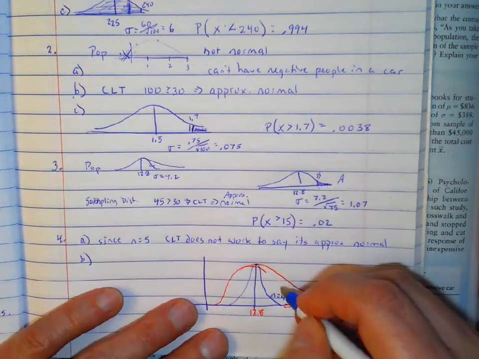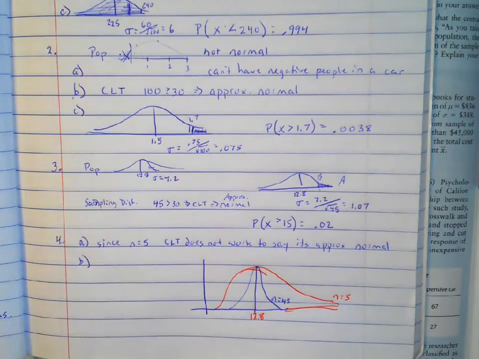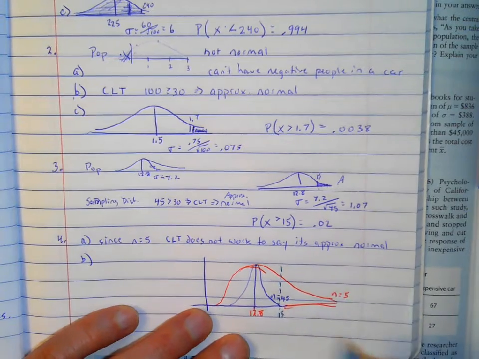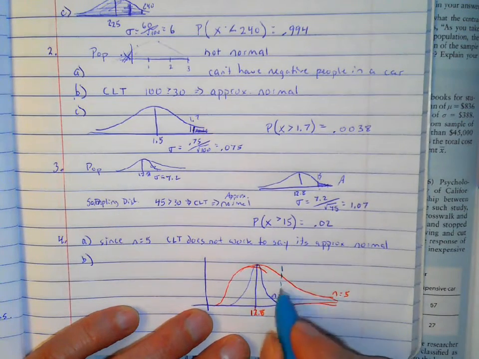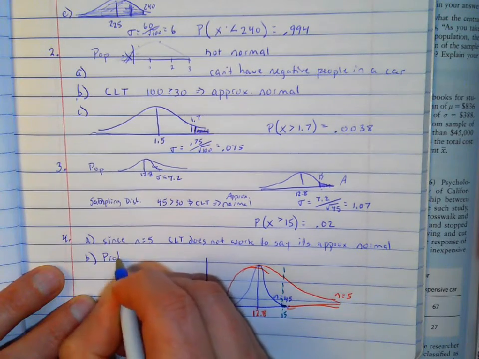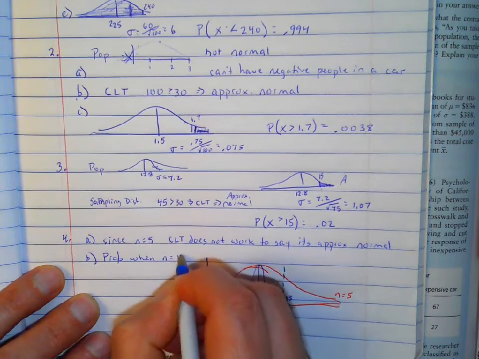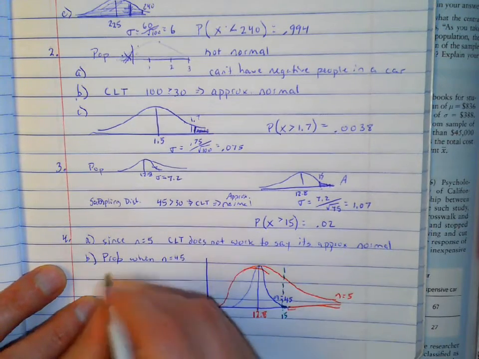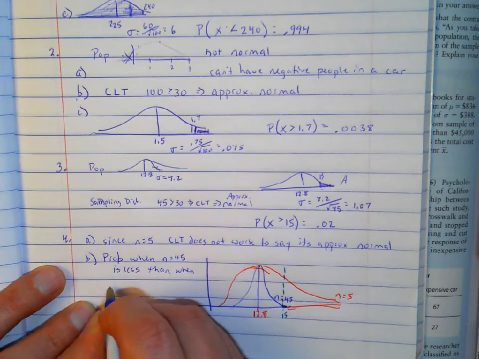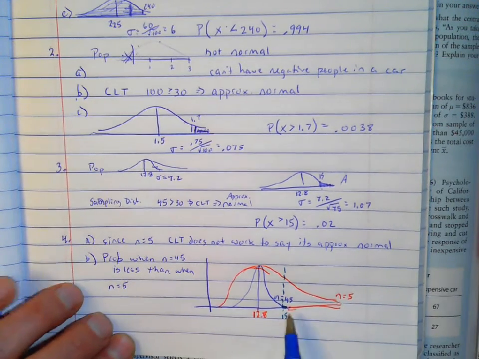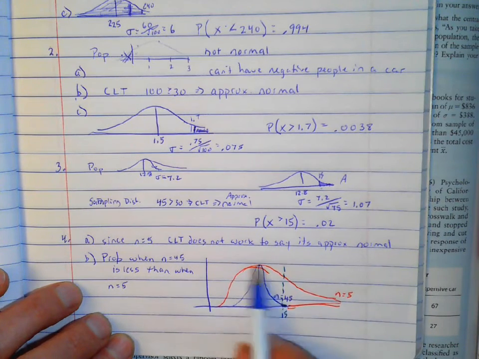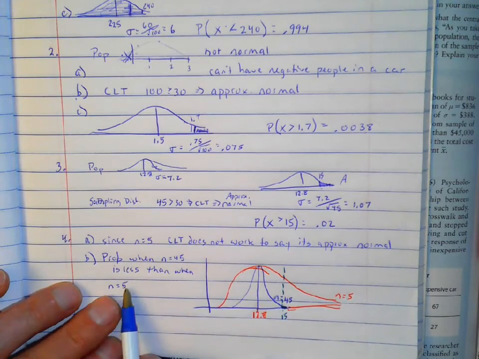So if I draw a line at, let's say, 15 minutes, the probability here is much less than this probability right here. So the probability when n equals 45 is less than when n equals 5. With the smaller distribution at 15, this area is very small, whereas if you look at the red, that area right there is very large. So 5 would have a bigger probability.